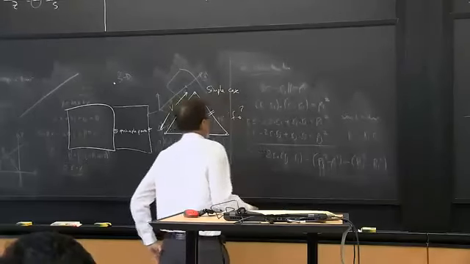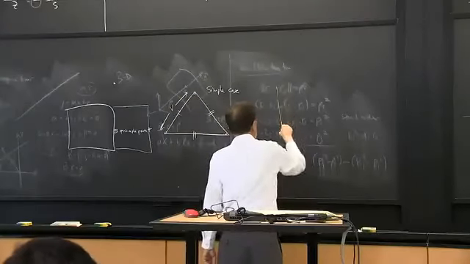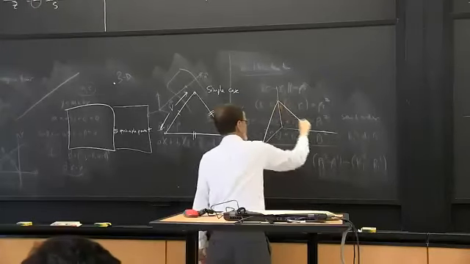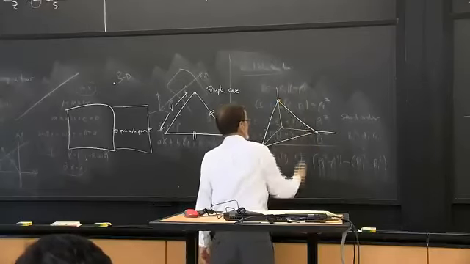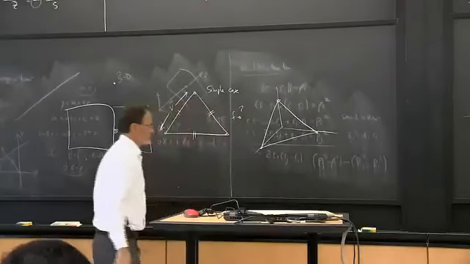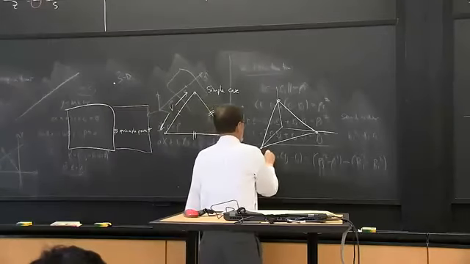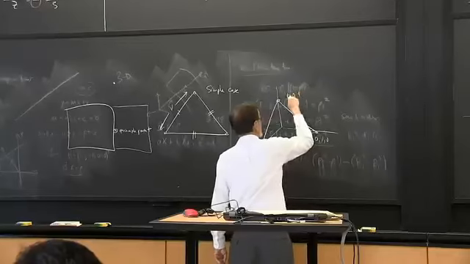Okay, so we can think of this in terms of a corner of a coordinate system. So we have 1, 0, 0, 0, 1, 0, and 0, 0, 1.